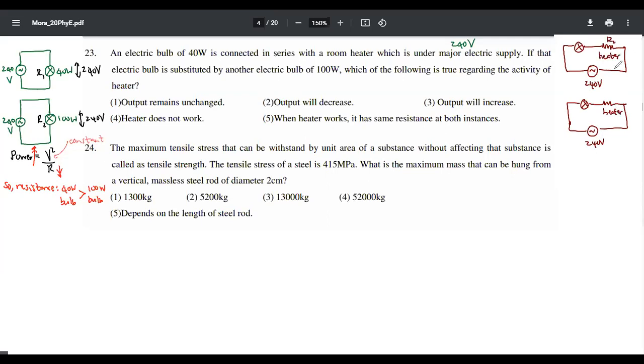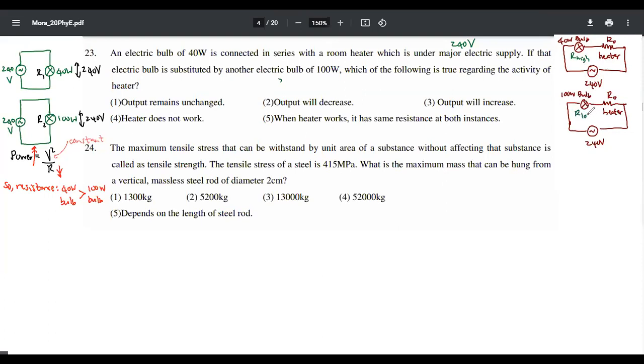I'll take it as R0. Let's say this is the 40 watt bulb, and this is the 100 watt bulb. We all know the 40 watt bulb is going to have high resistance, and the 100 watt bulb is going to have low resistance.